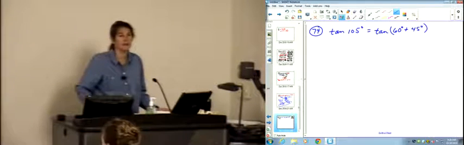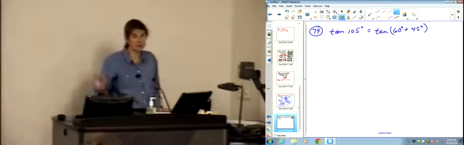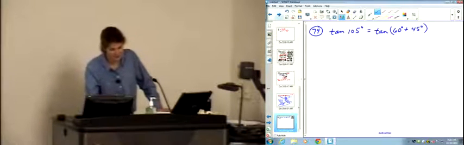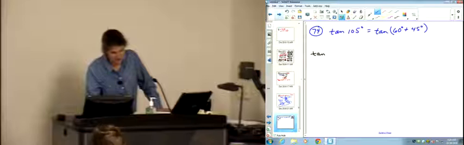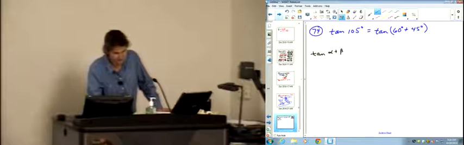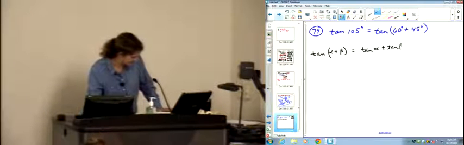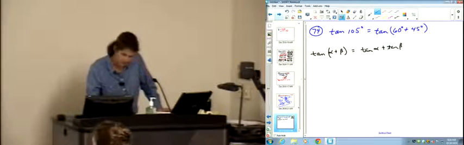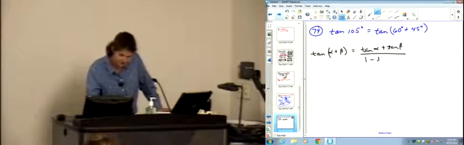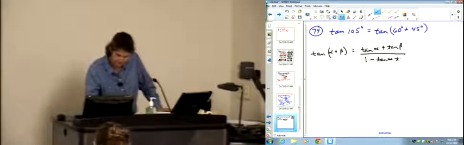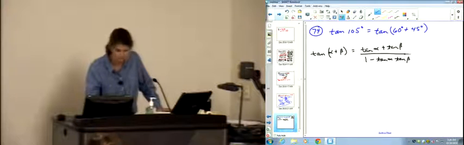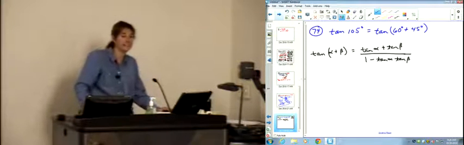So it looks like it's going to be one of those types of formulas where we have tangent of alpha plus beta. And that was equal to tangent alpha plus tangent beta over 1 minus tangent alpha tangent beta. So that's what we're going to plug into.